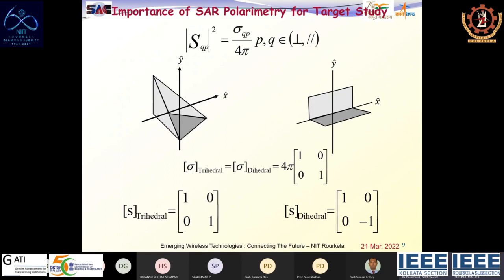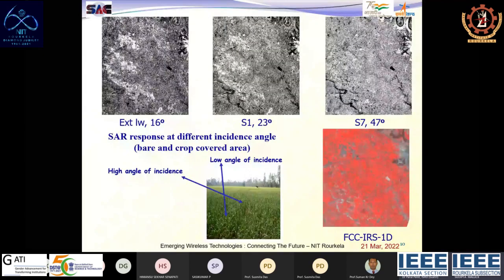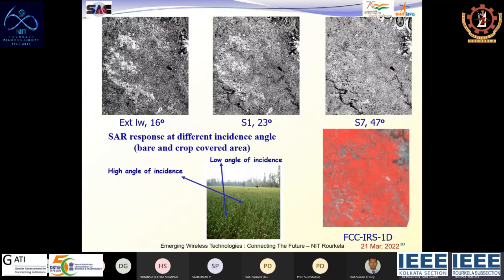But if you look at the scattering matrix, then for dihedral you'll have 1 0 0 minus 1, so you'll be able to extract the information about the geometry of the dihedral, whereas for trihedral you have 1 0 0 1. So from the backscatter signal alone, you do not get this information. But when you have your scattering matrix, you are able to get the information about the structure of the target very accurately.